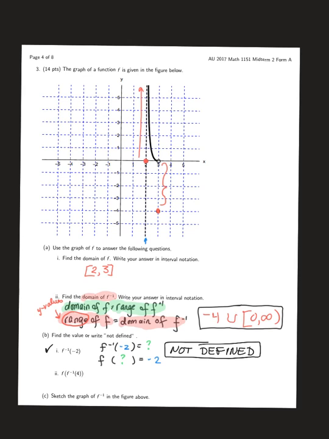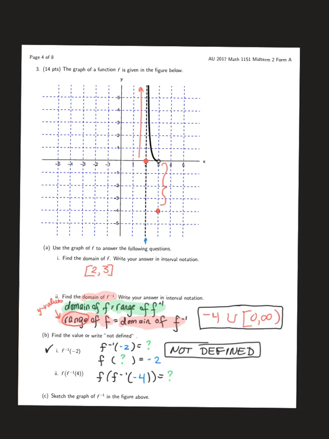Now, this next one says F of F inverse of 4. So that's like saying, well, I'll rewrite the original thing here, F of F inverse of -4 equals something.